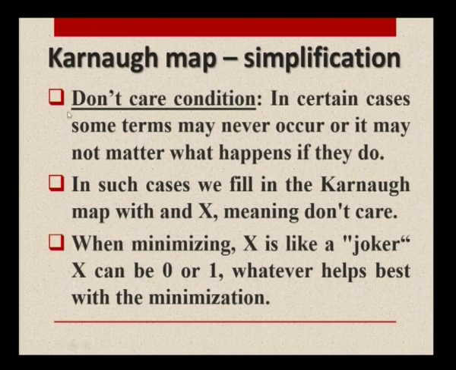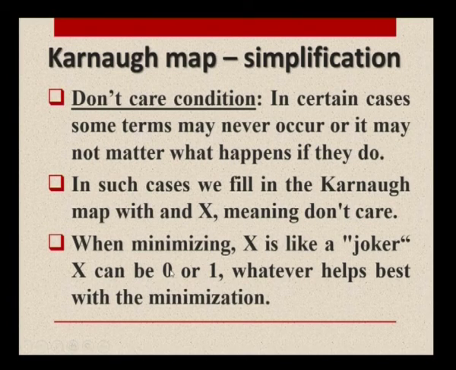And we have one more interesting case, called the don't care condition. In certain cases, some terms may never occur or it may not matter what happens if they do. In such cases, we fill in the Carnot map with the term x. Here x means don't care. When minimizing, x is like a joker in a card game.